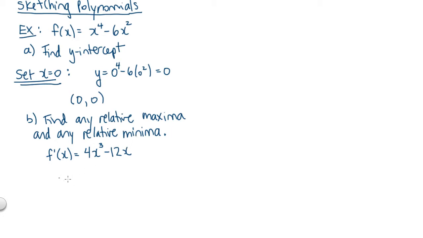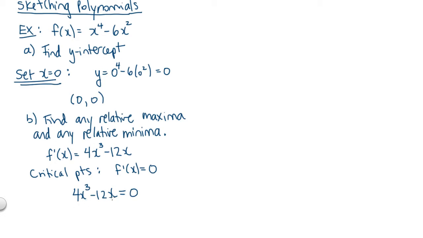And to get going here, we're going to need to find any critical points. So critical points are places where f prime of x equals 0. So let's take our derivative here. 4x cubed minus 12x equals 0, and we'll have to do a little bit of factoring here to figure out what our critical points look like.